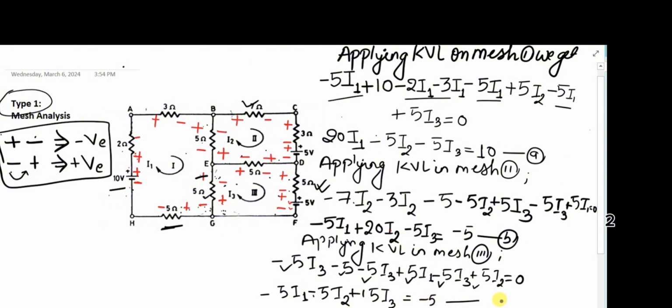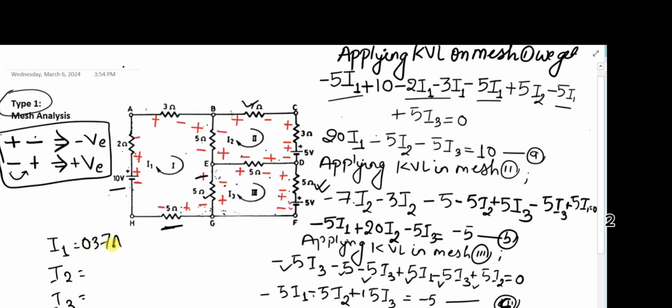It's equation C. Now easily solve equations A, B and C. After solving equations A, B, C through a calculator, you can easily identify the value of I1, I2 and I3.